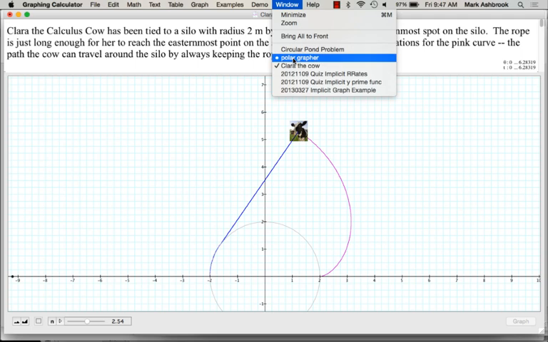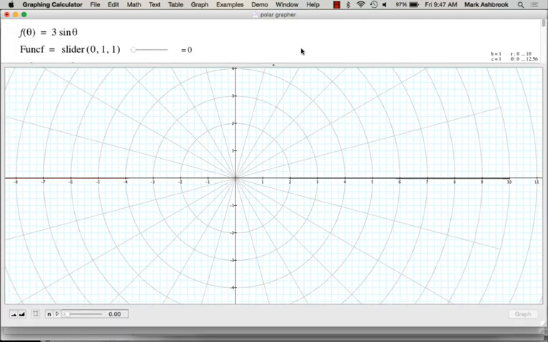So let's talk about polar coordinates. Again, we sweep an angle. Okay, what's polar coordinates?